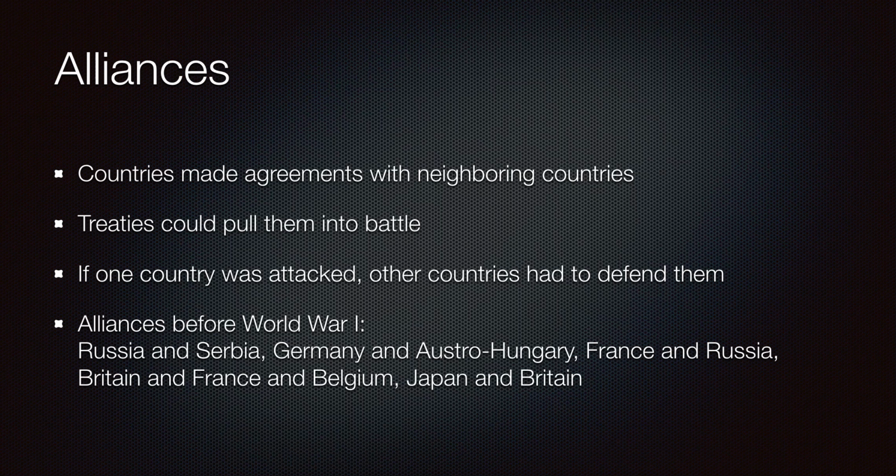Then Germany, seeing that Russia was mobilizing, declared war on Russia. And then France was drawn in against Germany and Austria-Hungary. So as you can see, it turns into a complicated mess pretty quickly because of all of these entangling alliances.